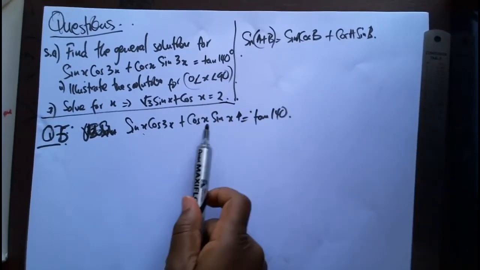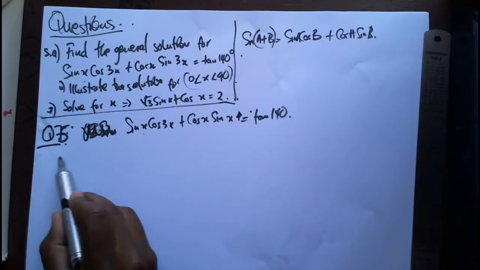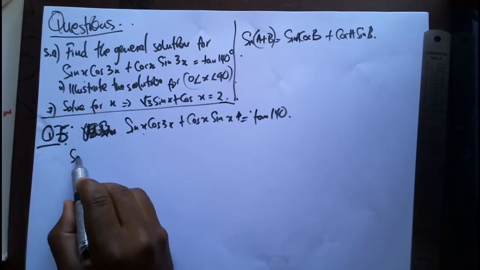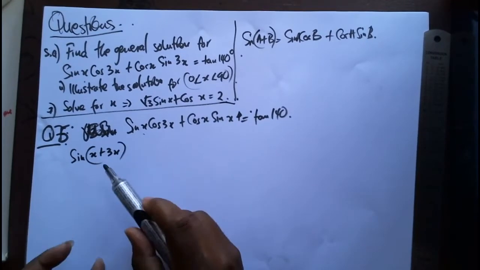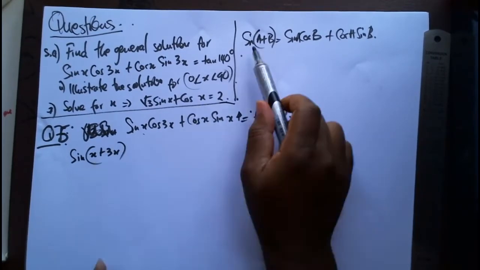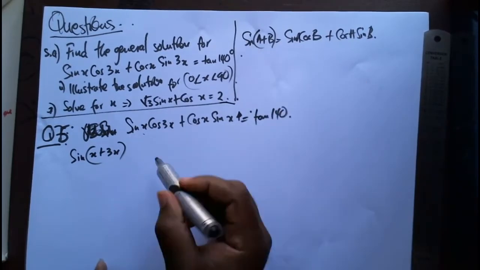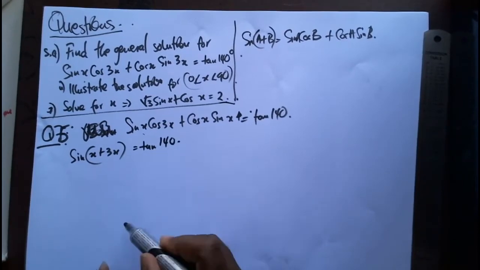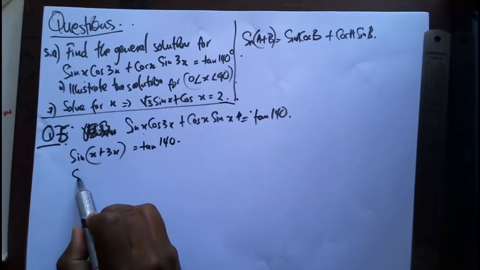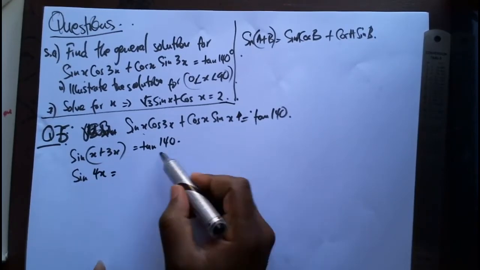So I can write it backwards. This becomes sine of x plus 3x, because my A is x and my B is 3x, is equal to tan 140. So this becomes sine 4x is equal to tan 140.